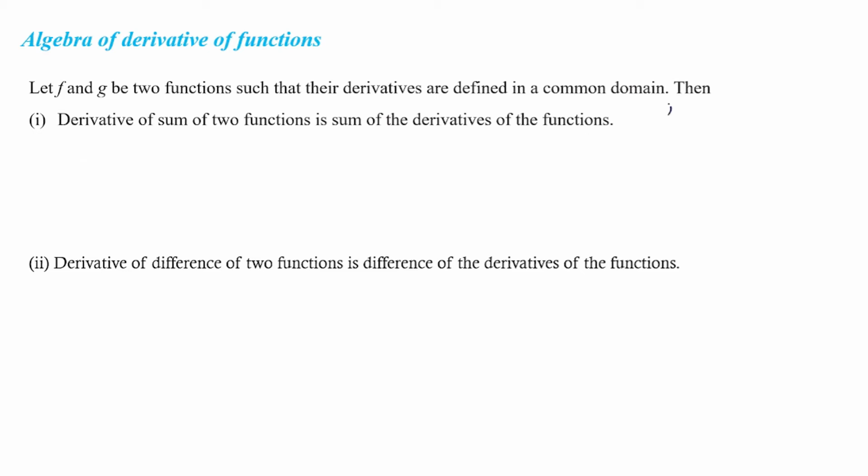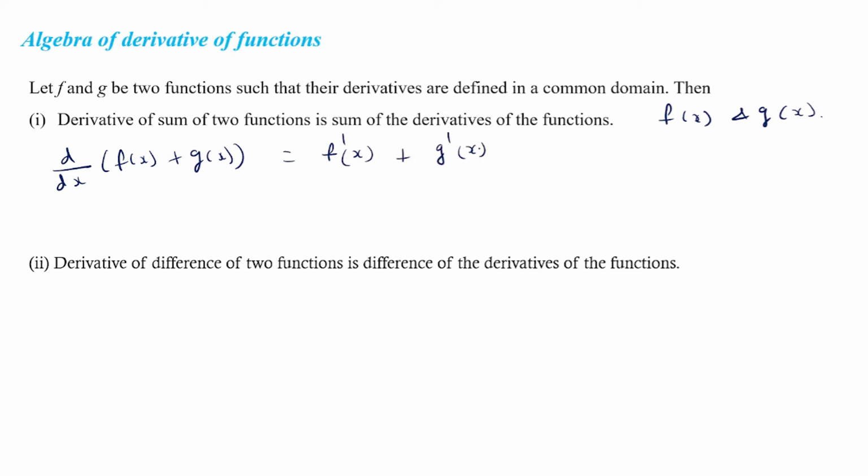So here it is given f of x and g of x are two functions which are defined in a common domain. Then we have the derivative of f of x plus g of x. This is equal to the derivative of f of x plus the derivative of g of x.